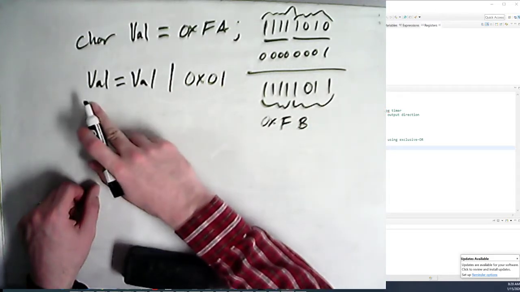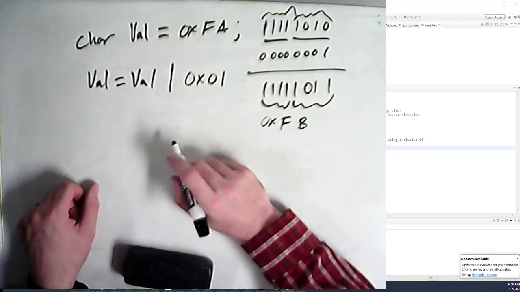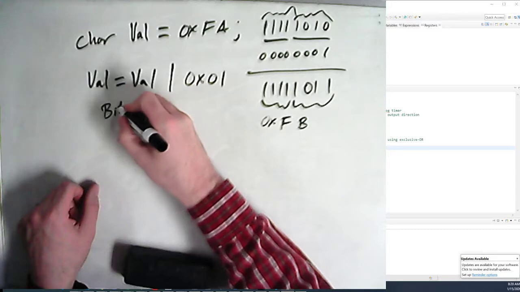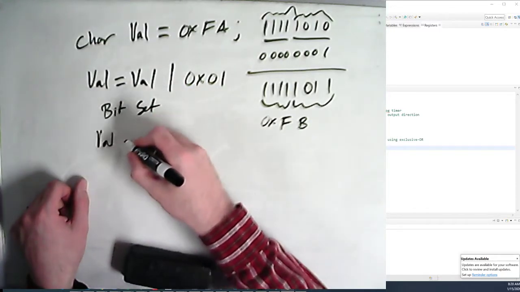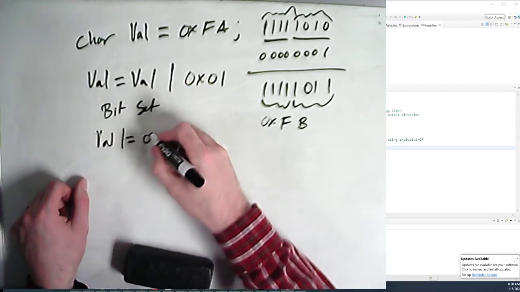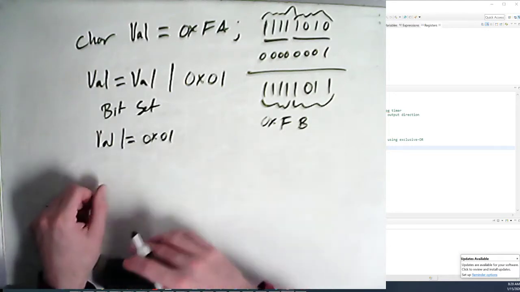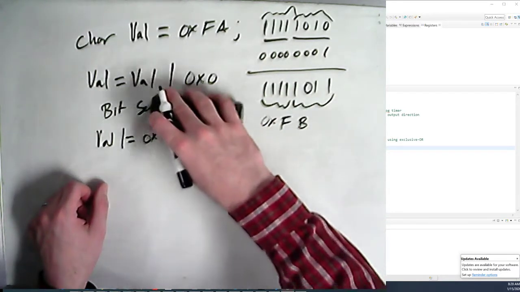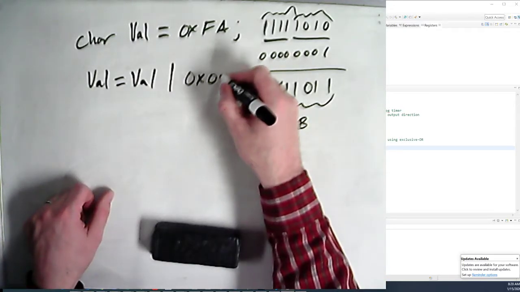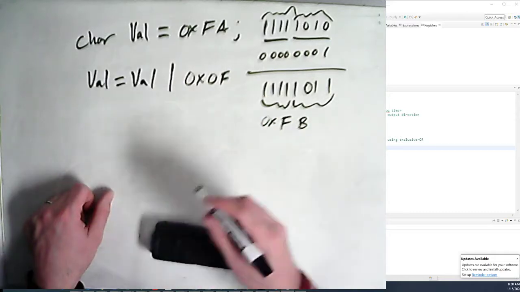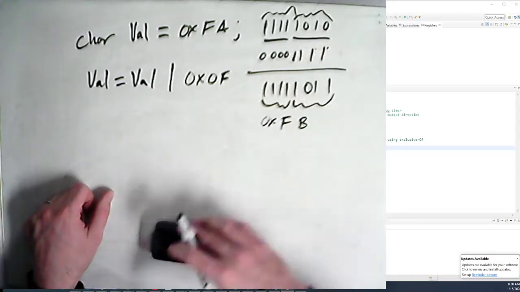And so if we take a value and set it equal to itself ORed with something else, then we get what's called a bit set. And there's shorthand for this: val OR equals 0x01. What's really cool about this is if we were to change this just ever so slightly and make this F, this is why it's useful.